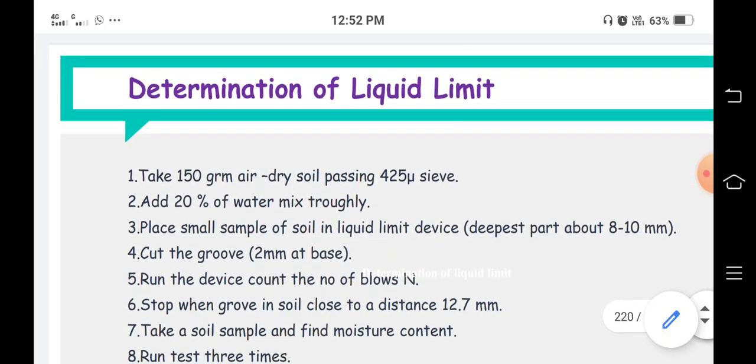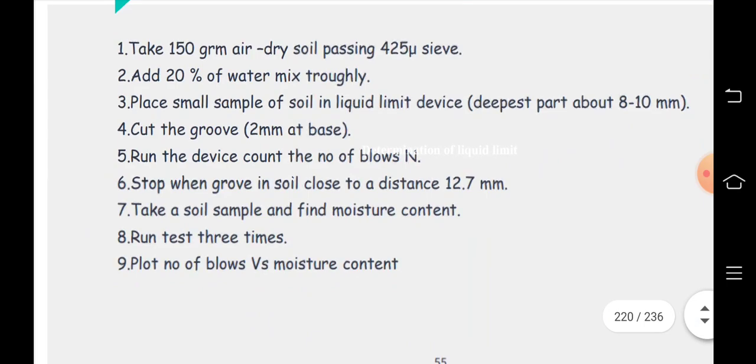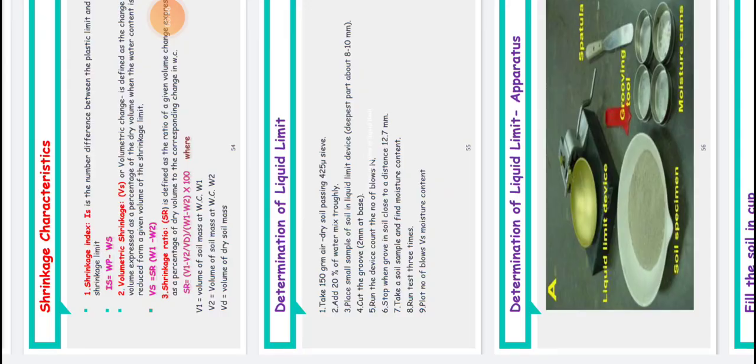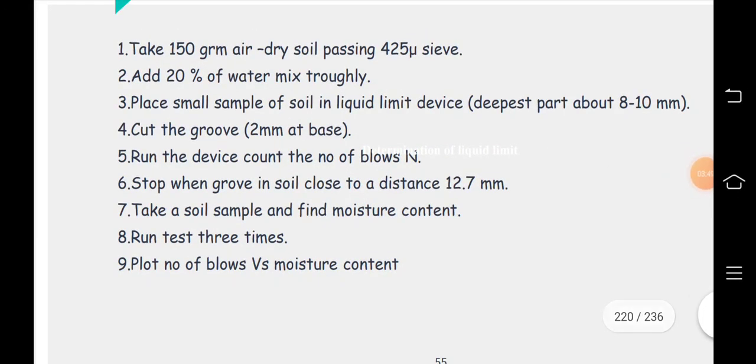Okay, so what is the procedure we generally follow? First of all, take about 120 gram to 150 gram of soil which is passing through the 425 micron IS sieve.